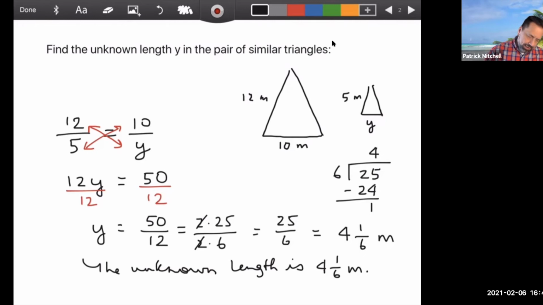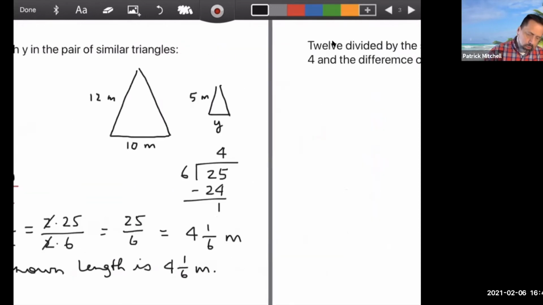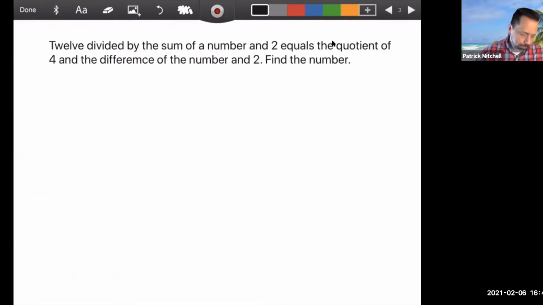All right, last example from this group is the who cares problem. 12 divided by the sum of a number and 2 equals the quotient of 4 and the difference, oops, I have a typo there, the difference of the number and 2.